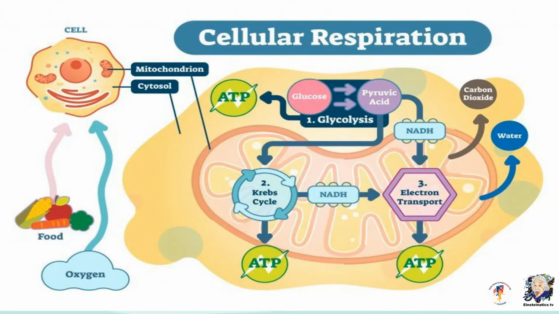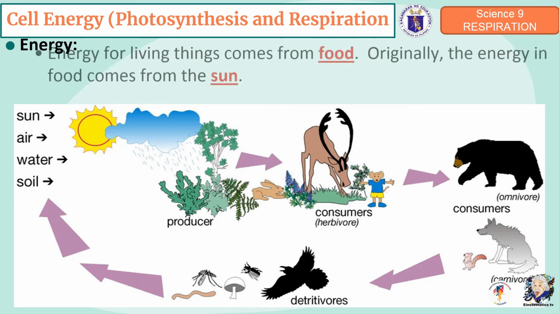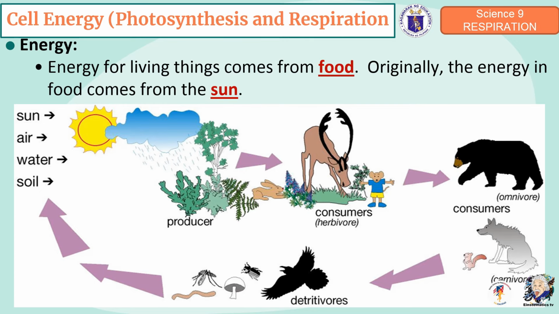This time, we are going to explore cellular respiration. We already know that both photosynthesis and respiration aim to provide energy in order for organisms to live. We know that energy for living things comes from food, but you should remember that originally the energy in food comes from the sun.